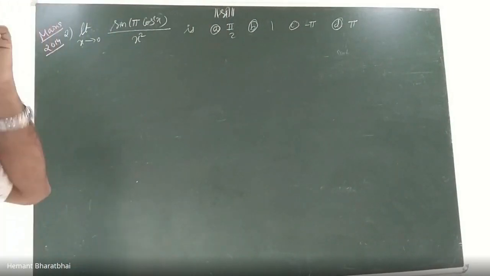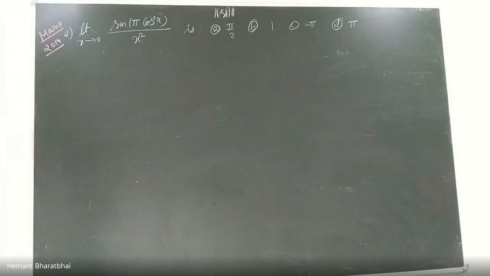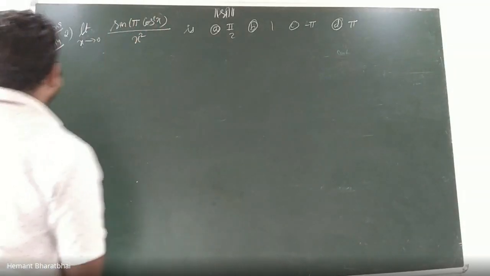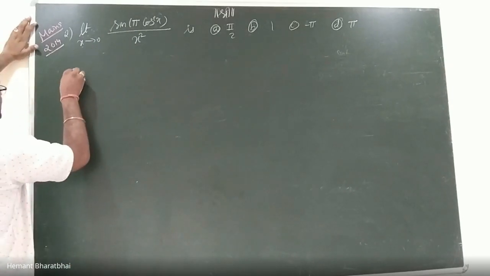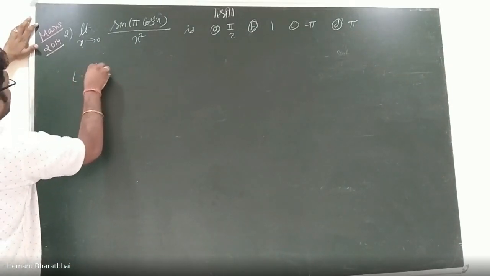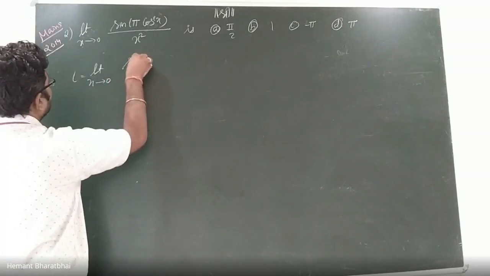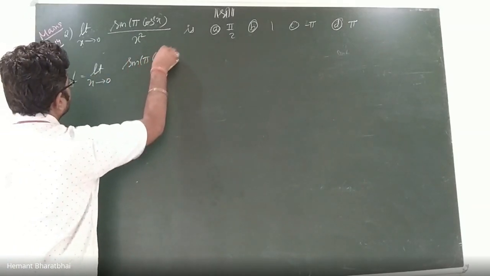So let's try this. We know the formula is sine of x by x. Whatever the angle is, the same angle should be over here, then only we can apply the formula which we have studied. Therefore, limit of x tends to 0, sine of pi cos square x.